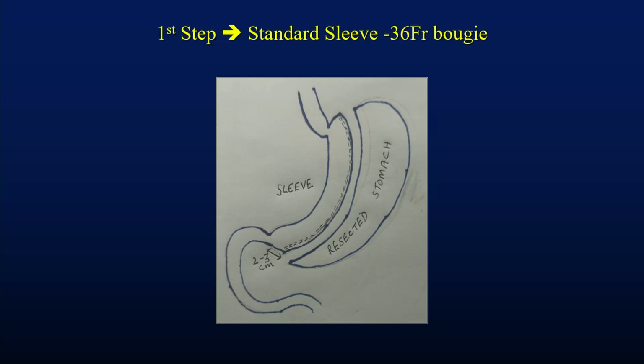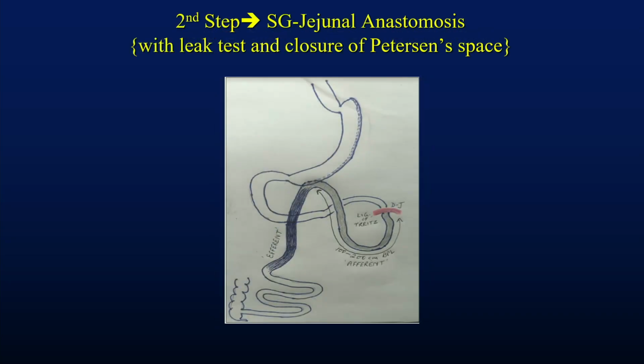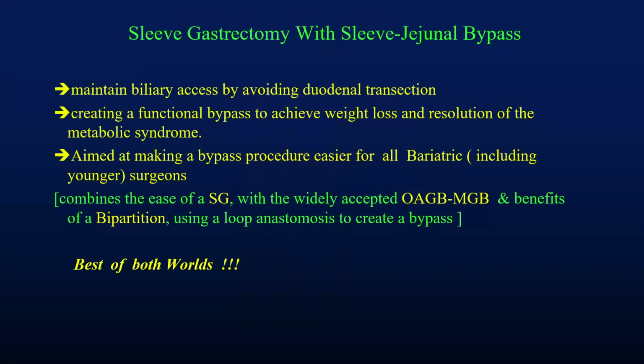So the first step is a standard sleeve. You can see we do an antral resecting sleeve, which is 2 to 3 centimeters proximal to the pylorus. Then we bring up the loop of jejunum and anastomose as described earlier. So this procedure is maintaining your biliary access, avoids transection of the duodenum.